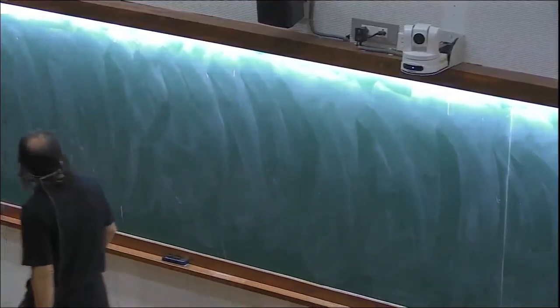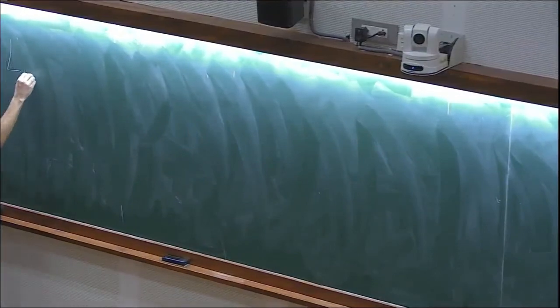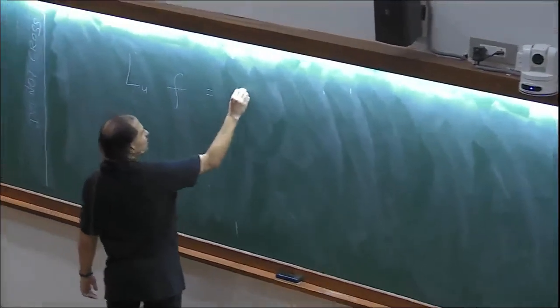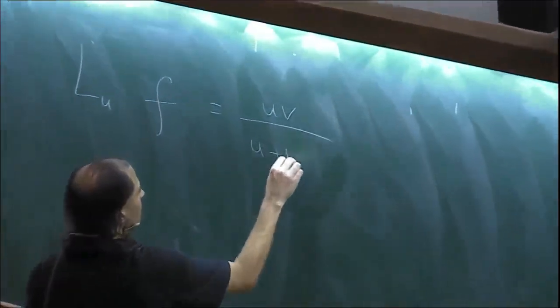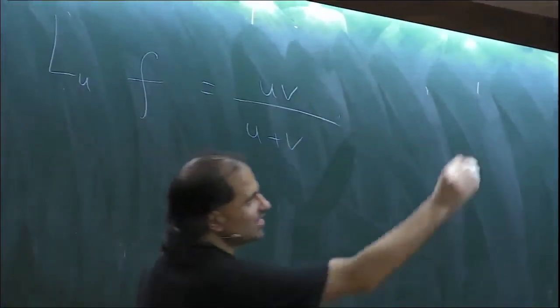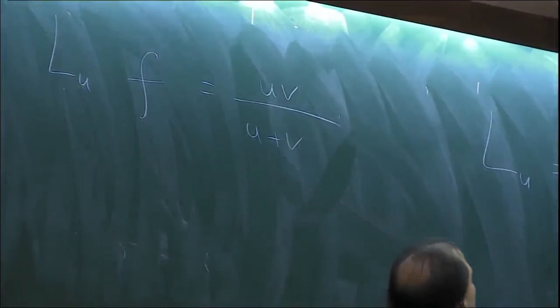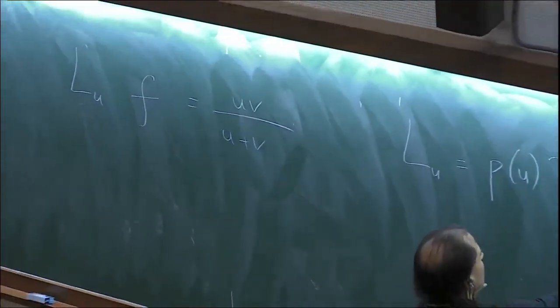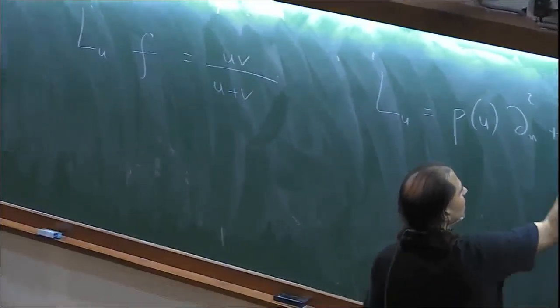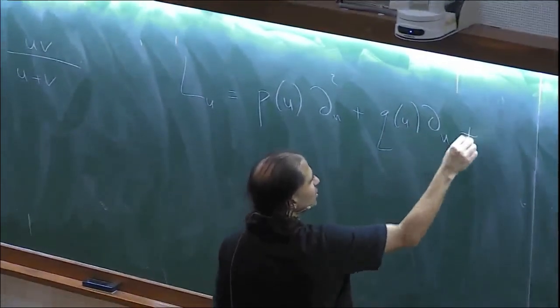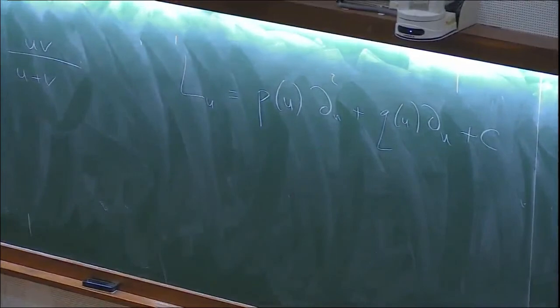So you're looking for some operator, L_U, F equals U over U plus V, which needs to have the property, and let's say L_U is some very general thing, just some polynomial in U, d_U squared, plus some polynomial d_U plus a constant. Okay?